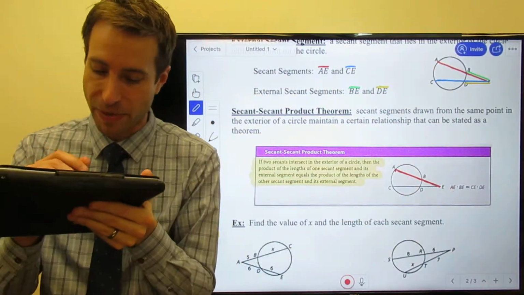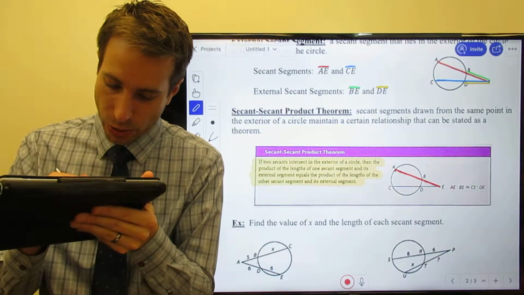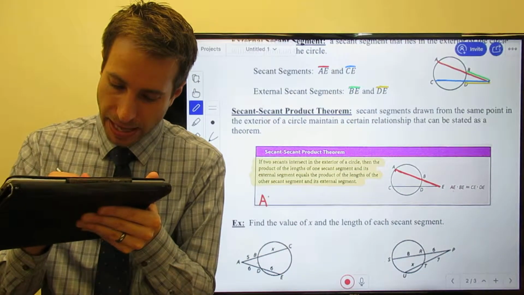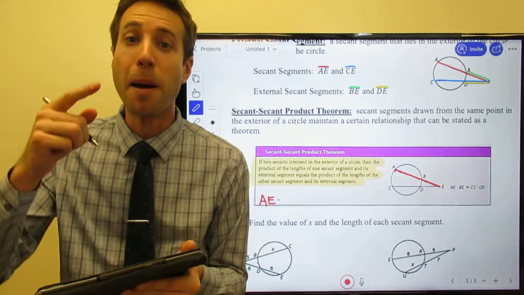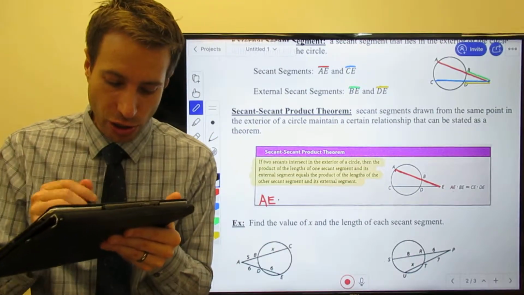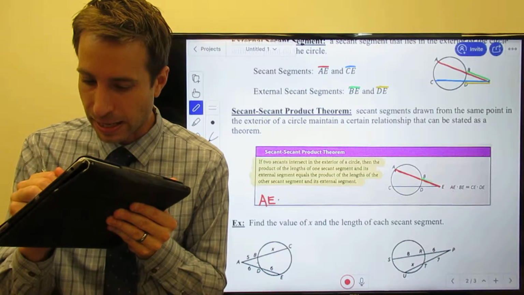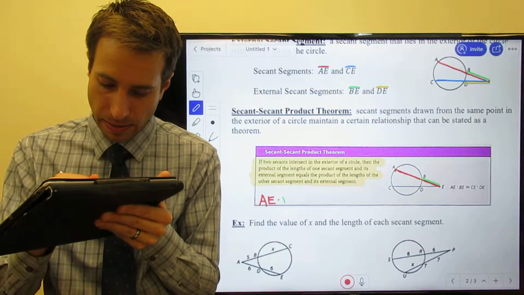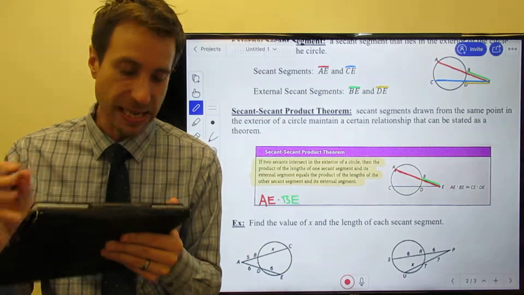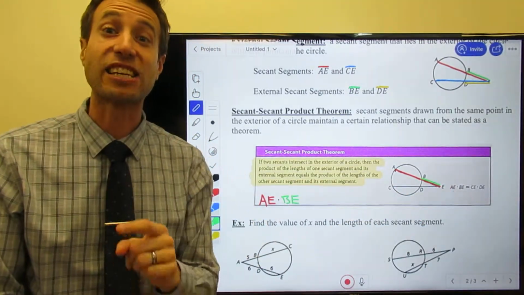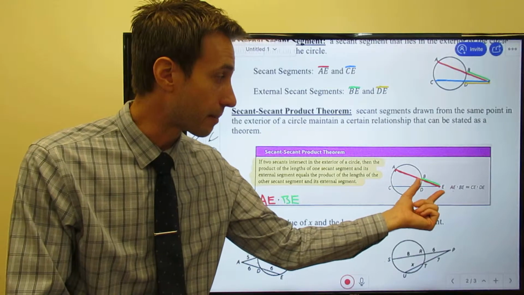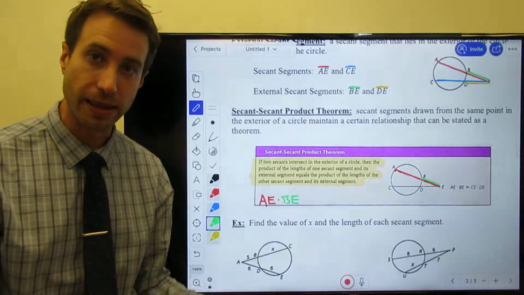What the theorem says is I'm going to take that segment AE and multiply it by its external secant segment, in this case, BE. So I take the entire secant segment AE and its external secant segment BE, and multiply them together.